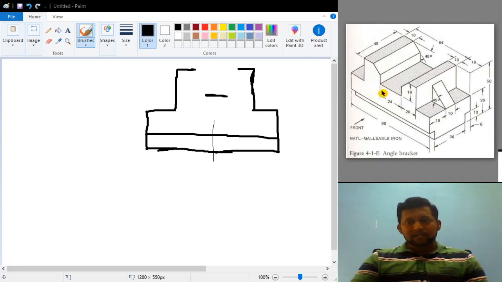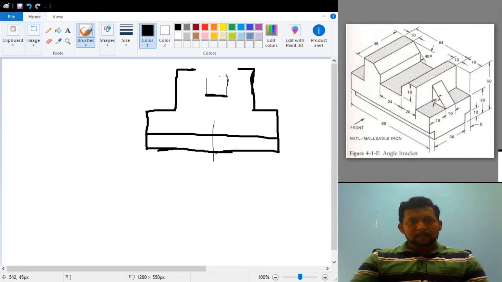And after that we have some vertical distance here, which we don't know. So again I'll ask you to draw a vertical line over here and a vertical line over here.